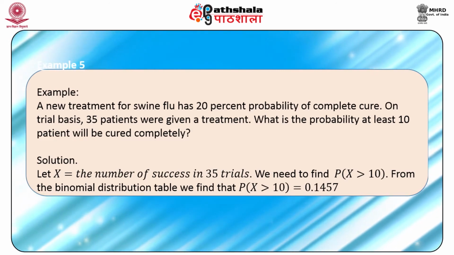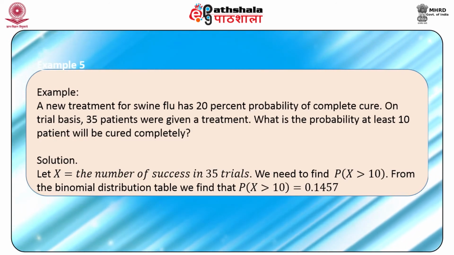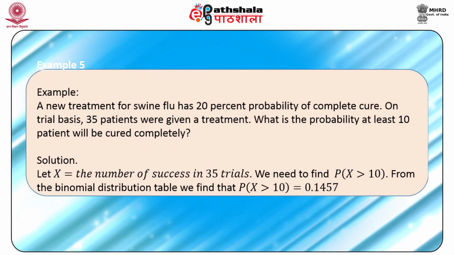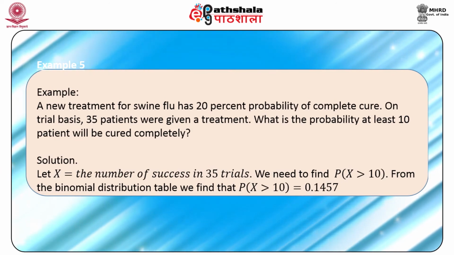We need to find probability of x greater than or equal to 10. From the binomial distribution table, we find that probability of x greater than or equal to 10 is equal to 0.1457.